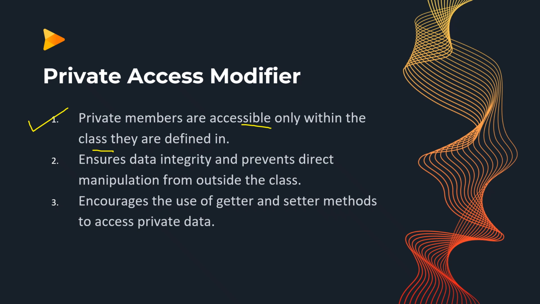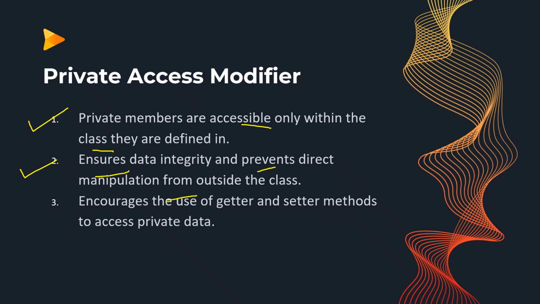If we want to make our data very secure, then we use the private access modifier. It is also used in encapsulation. It ensures data integrity and prevents direct manipulation from outside the class.